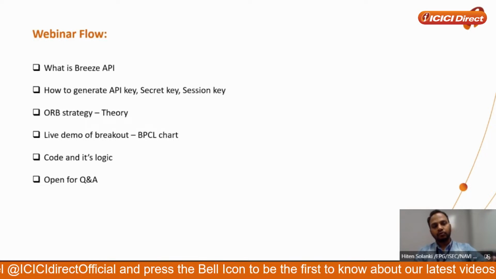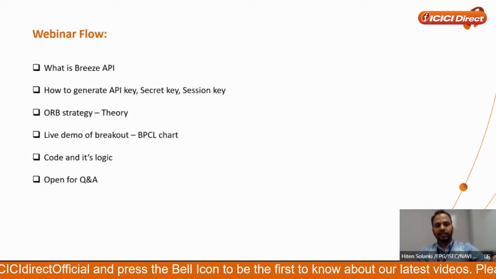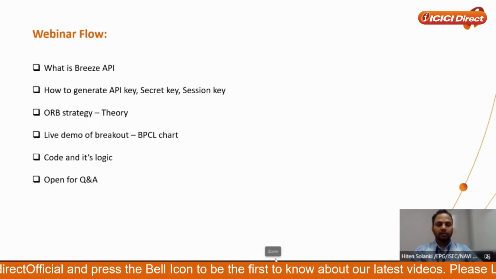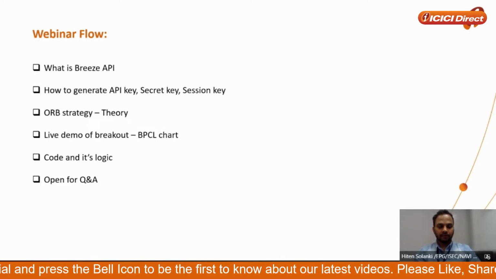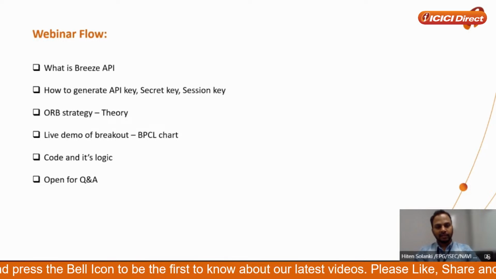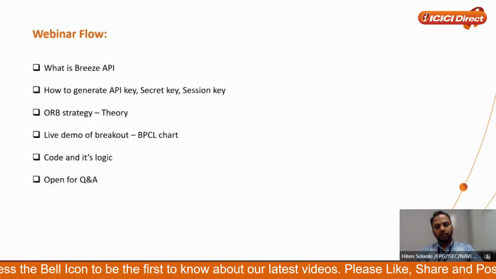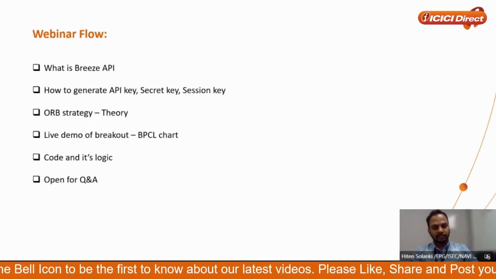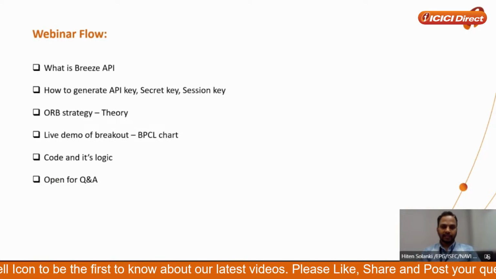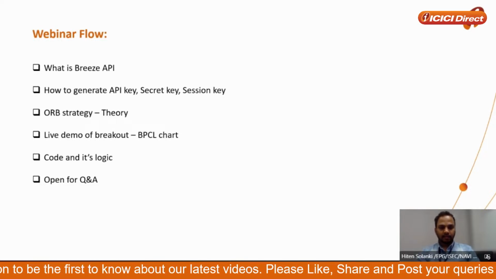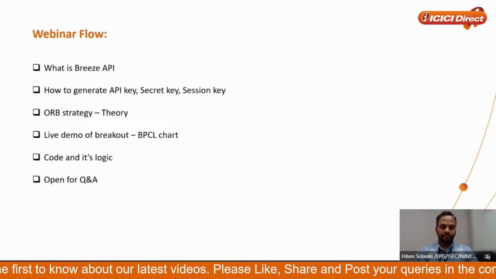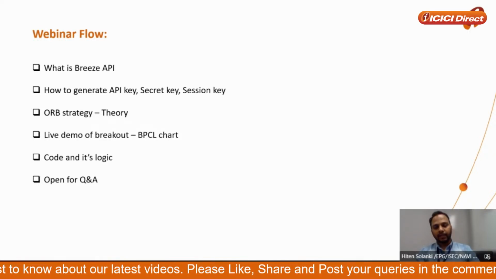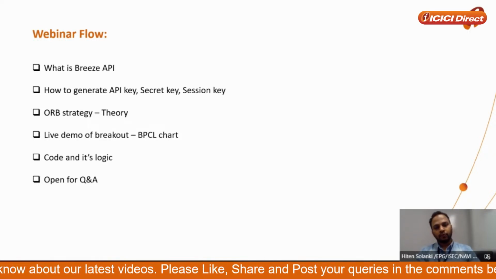There are four methods in HTTPS APIs: post, get, delete, and put, which stands for modify. If you want to place a trade, you need to use post.